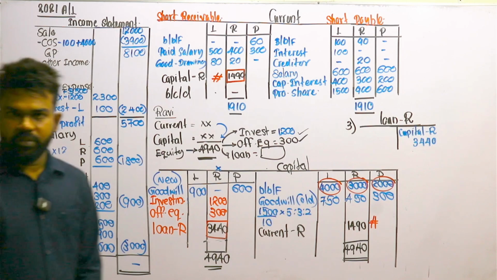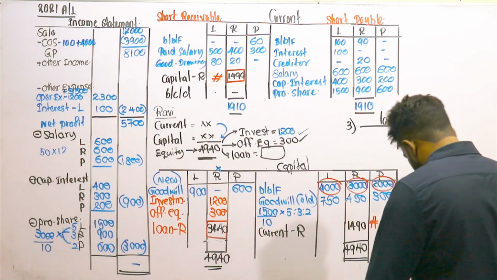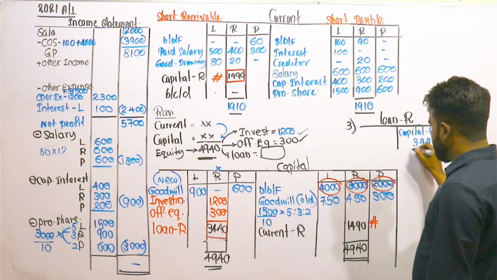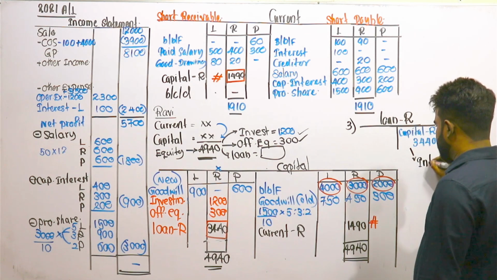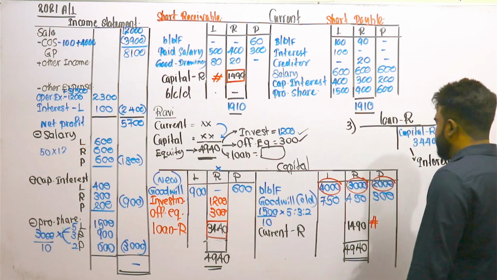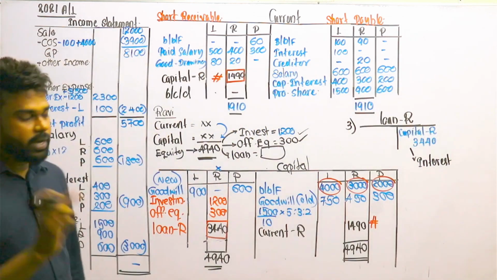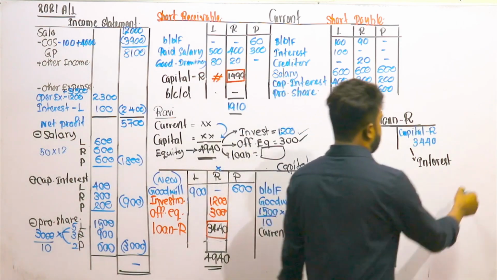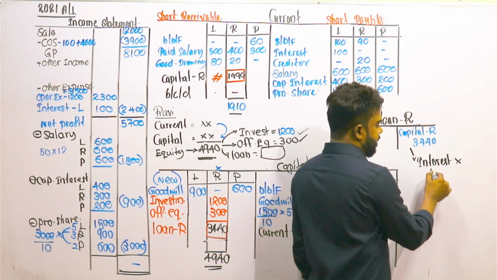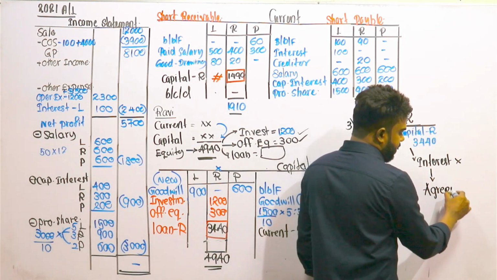Then should we provide interest? Normally if a partner retired, the remaining balance, if it is kept as a loan balance, should we provide interest? Yes, normally we have to calculate interest, but in this question, the partner retired at the end of the year. Therefore, no need to pay interest. Normally, interest for retired partners is sometimes mentioned in the agreement.